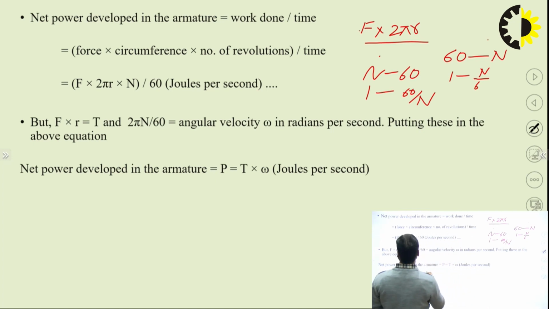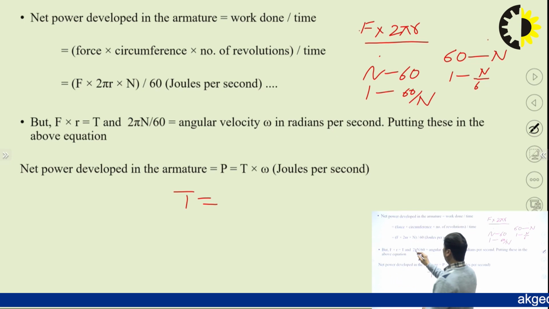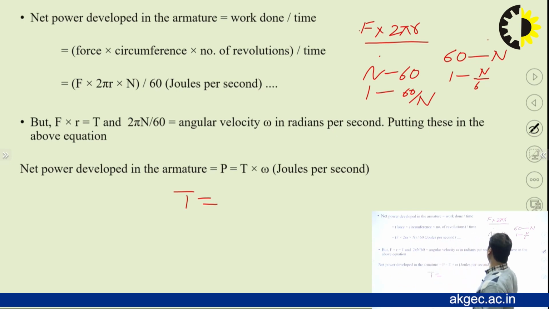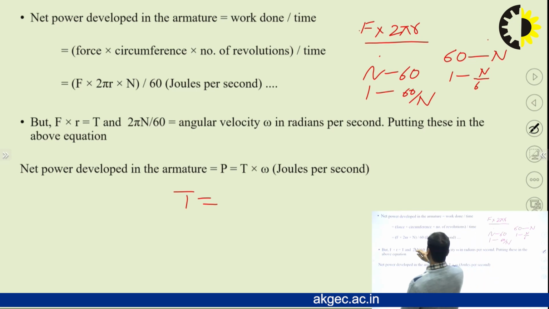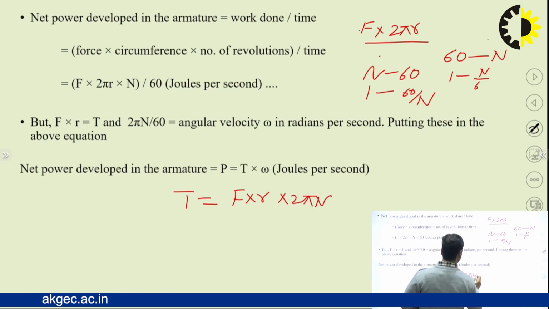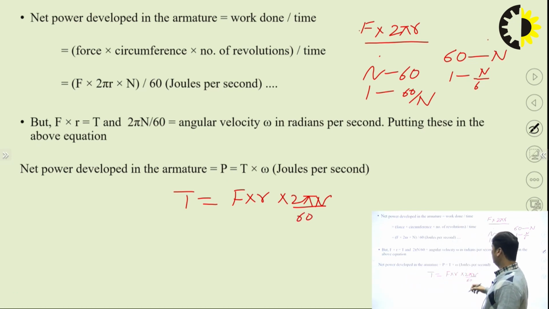So the power will be equal to force into R into 2 pi N by 60, and this 2 pi N by 60 is replaced by omega.